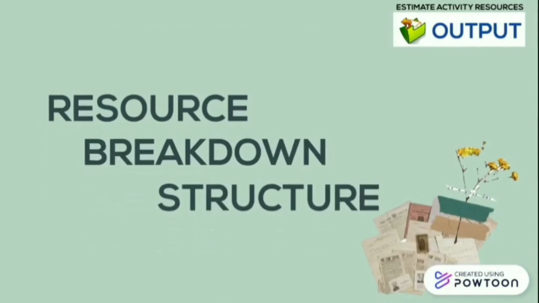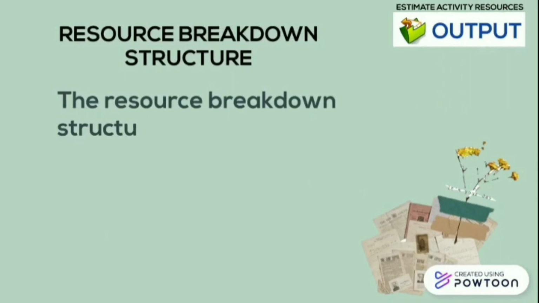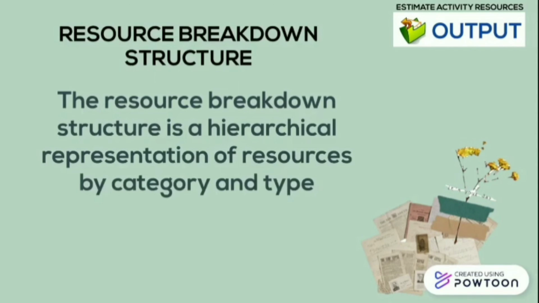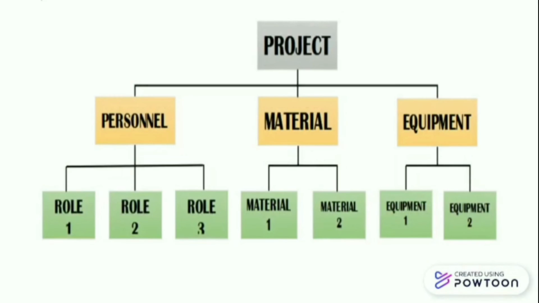Resource breakdown structure. The resource breakdown structure is a hierarchical representation of resources by category and type required to complete the scheduled activities of a project. Examples of resource categories include but are not limited to labor, material, equipment, and supplies.